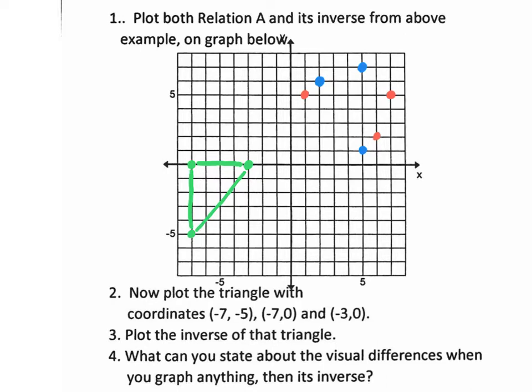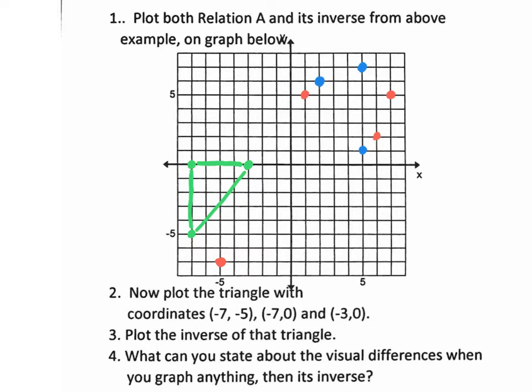Okay, now let's graph. The next step says plot the inverse of that triangle. So what are we going to do? How do I graph the inverse of this triangle? Switch the coordinates. So what's the first coordinate I'm going to graph? Instead of -7, -5, what am I going to graph? -5, -7. Perfect. There it is. -5 on the x, -7 on the y.